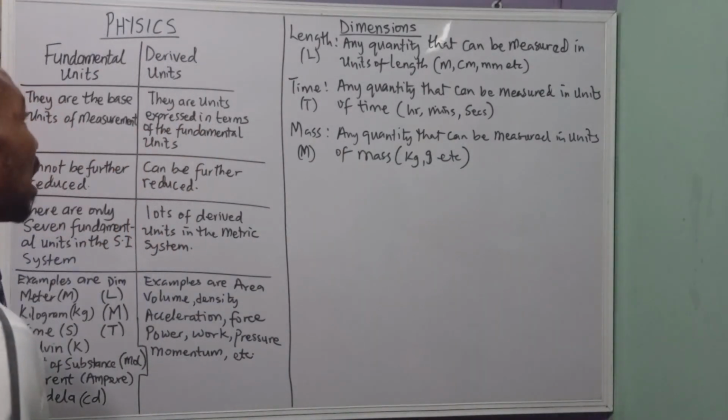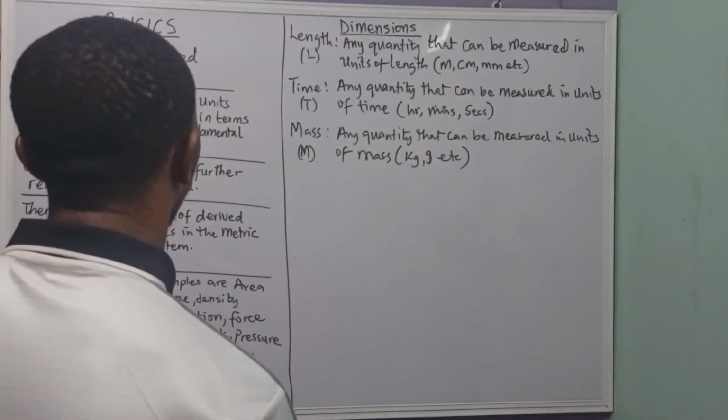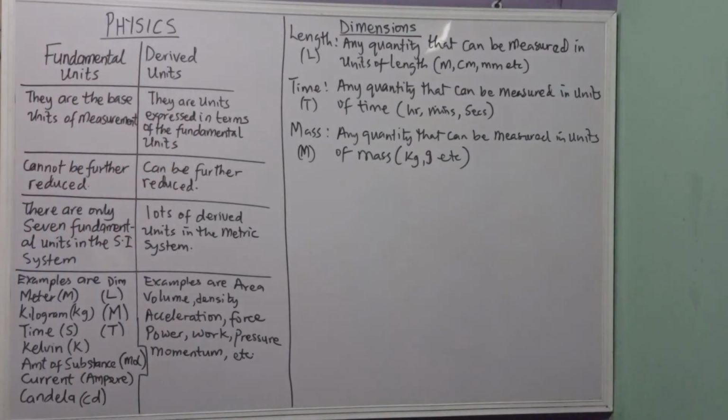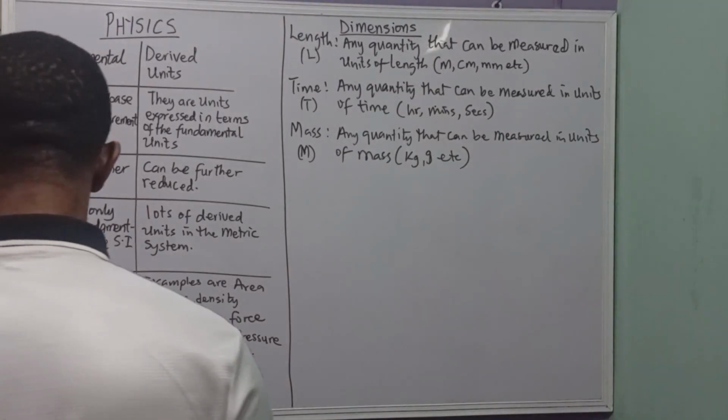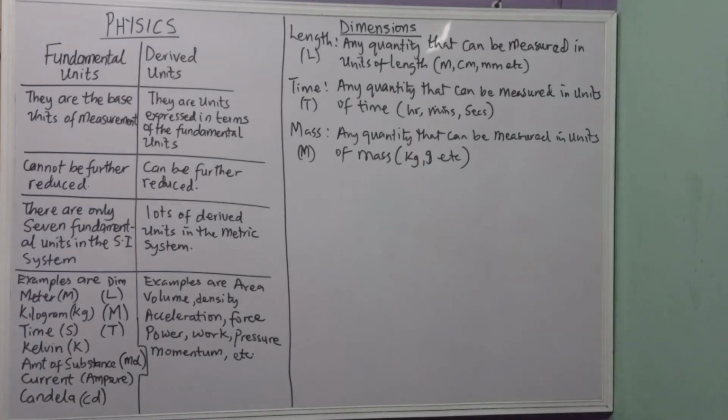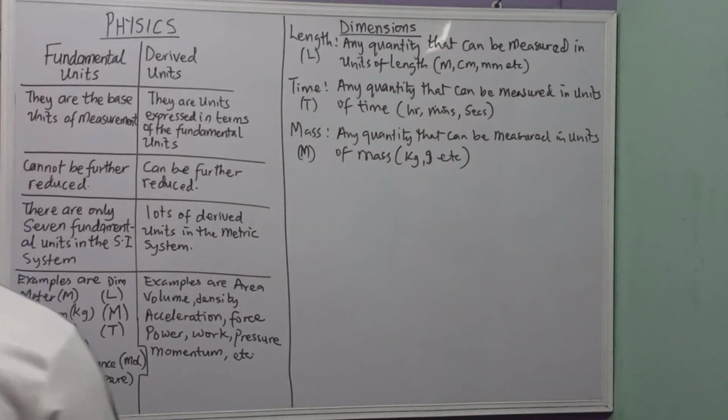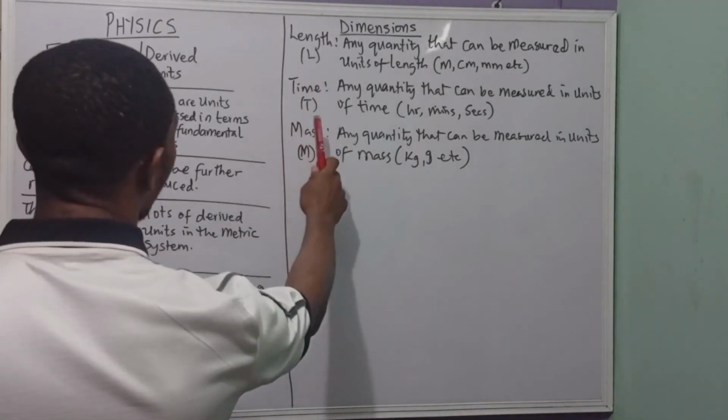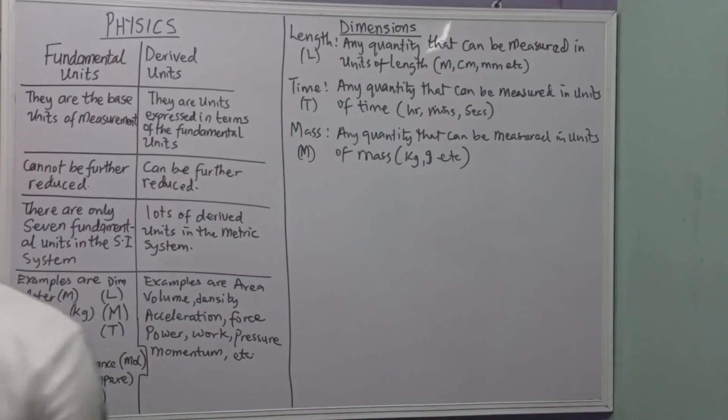These are the major three quantities that we'll be using in dimensioning. It is also important to understand that the symbols used to specify length, mass, and time are capital L, M, and T.